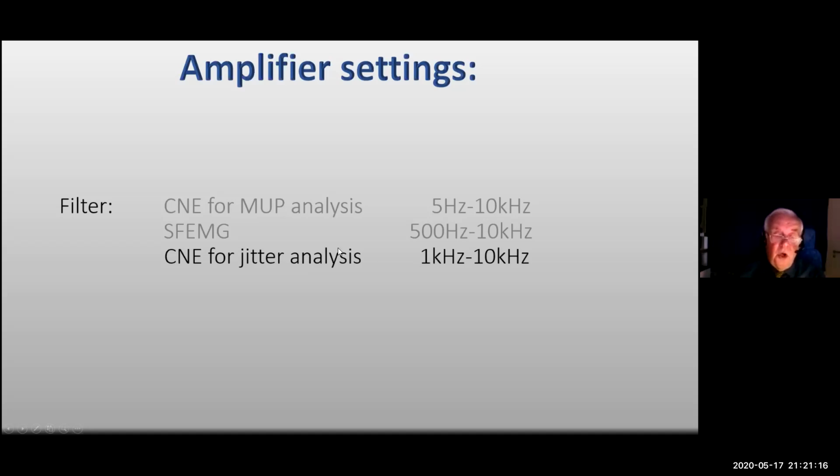And now we shall only talk about the concentric jitter for the rest of this talk, because that is what we are going to use in future in all our laboratories. I hope someday we can get back to single fiber electrodes that are disposable, but so far it has not been possible.